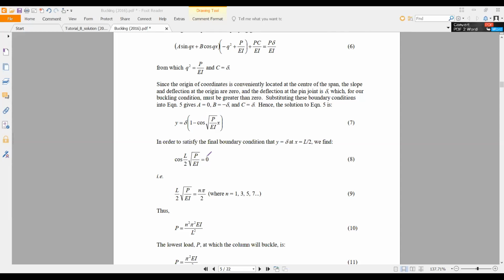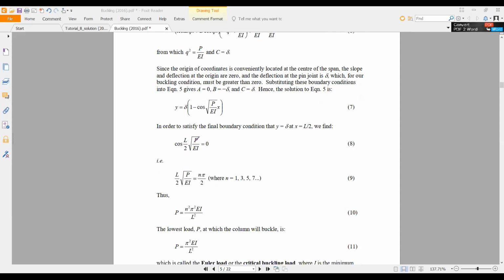So this is trigonometry, so I'm not going to explain that one. So the cos function, you know how to solve the cos function. So you will get the n pi divided by 2 terms, and this is the equation what you have in the presentation. Okay, so in here n, we can consider as an odd number, not even number.